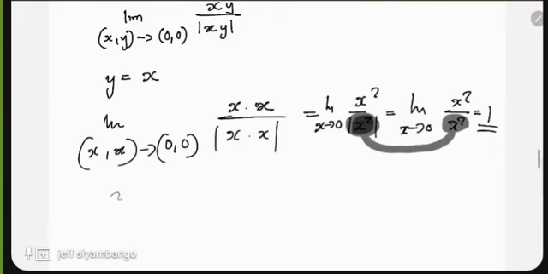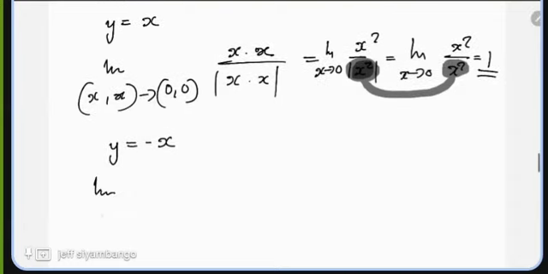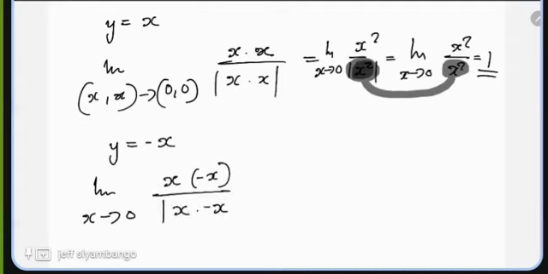So now, what if I approach along the line y equals negative x? Remember, if it's possible that the limit exists, regardless of the path I use, I should get the same thing. Now I'm approaching along y equals negative x. So now I'm dealing with x approaching 0, but where there is y, I'm putting negative x. In the denominator, I have the modulus of x, and if there is y here, I'll put negative x.